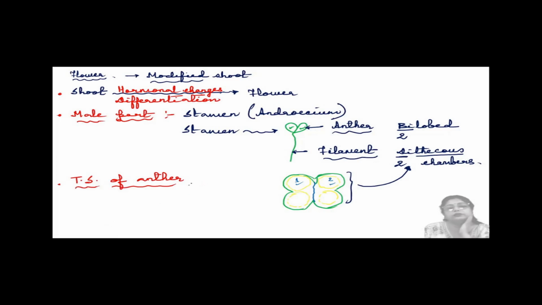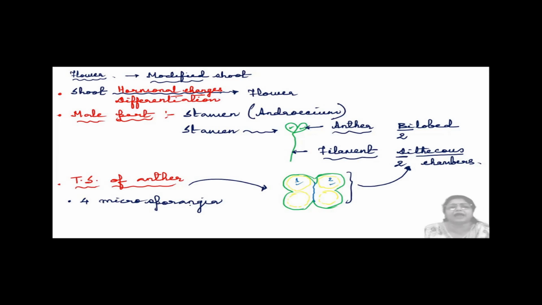Here also, what do we see? Four lobes. The first very clear point is that there are four microsporangia. Sporangium is singular, sporangia is plural. Micro means very small.